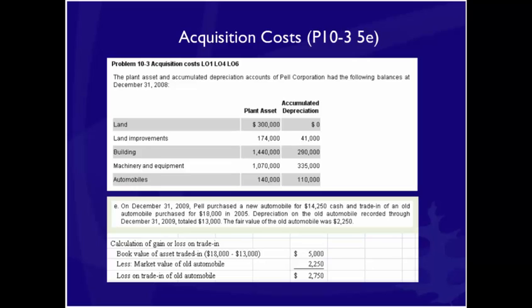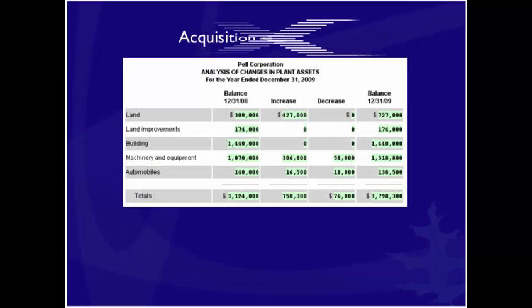So we're able to calculate a loss on a trade-in of the old automobile of $2,750. Okay, and after we've gone through all of these transactions, we're able to see the total effects of all the increases and decreases on the various fixed asset or plant asset accounts.